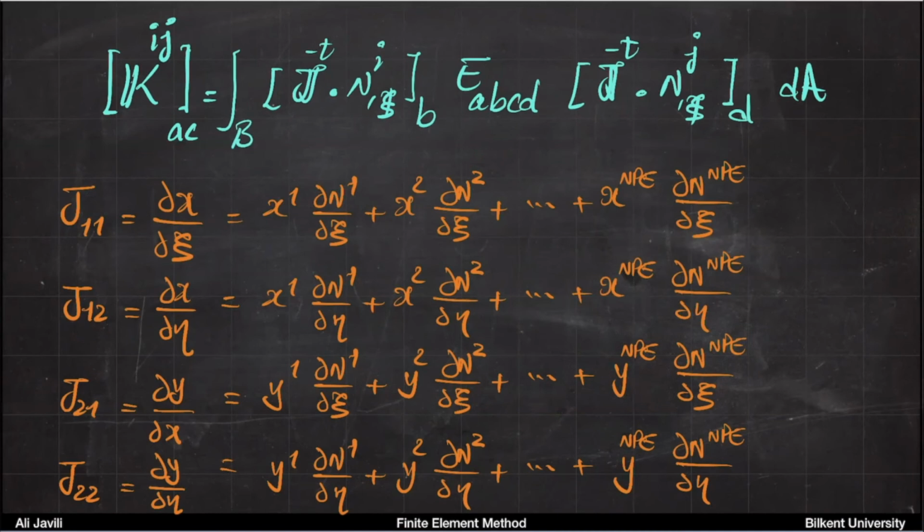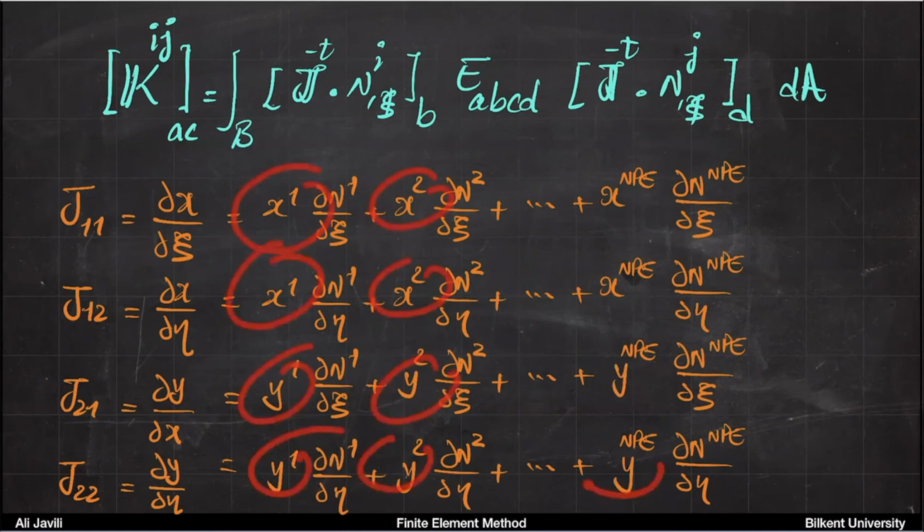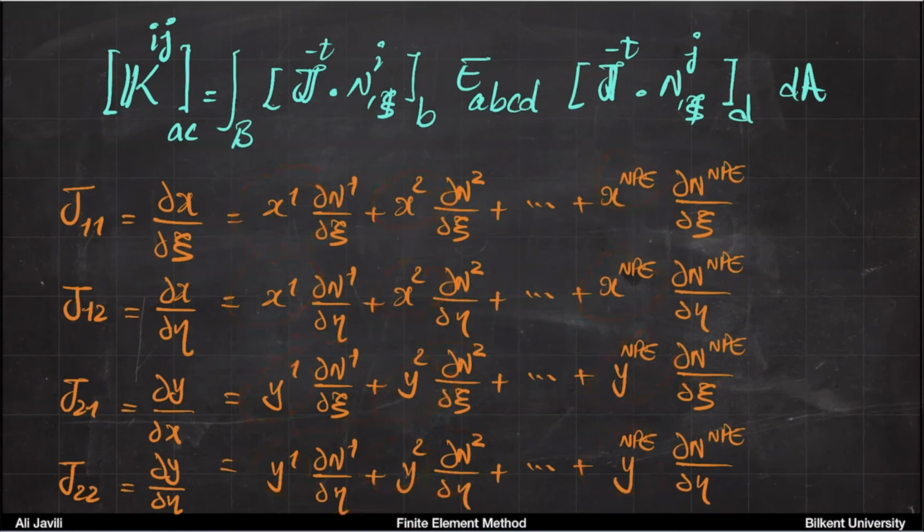So it seems that you can collect all of these in a matrix and collect all of the coefficients in another matrix, and that should also work for you. And that's exactly what we do next.